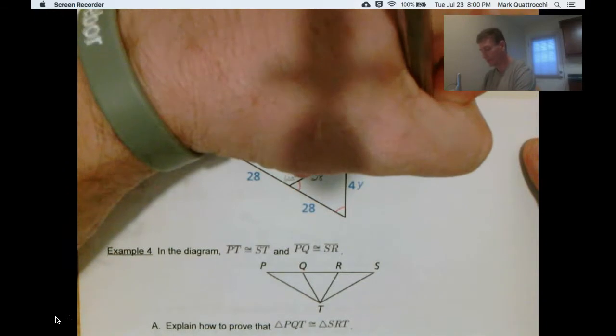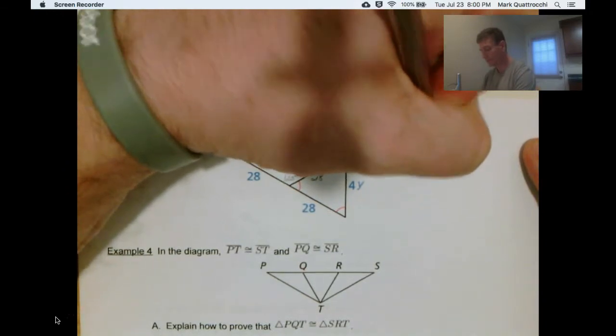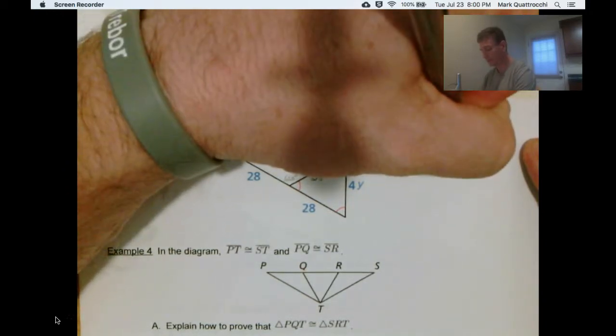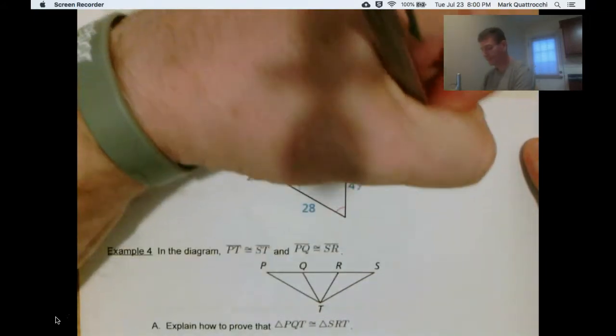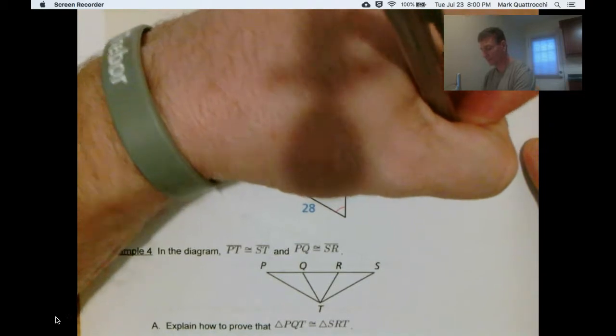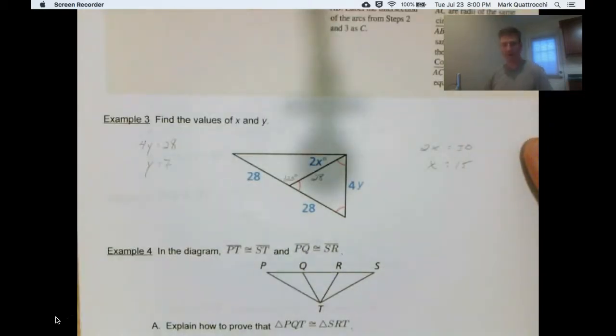So 2x has to equal 30 degrees. X equals 15. And there's our second answer.